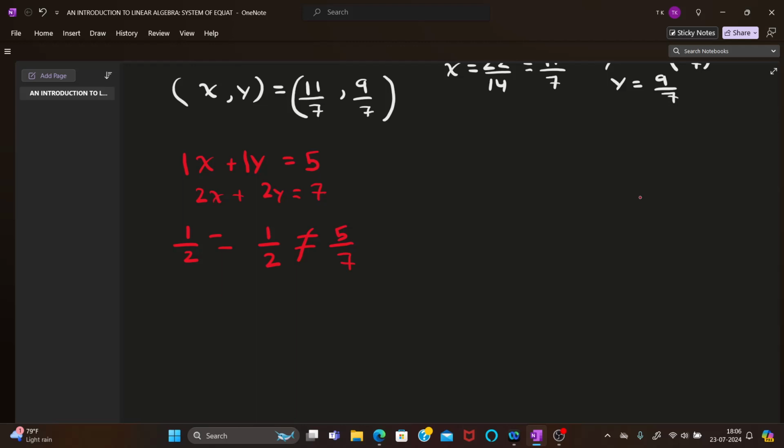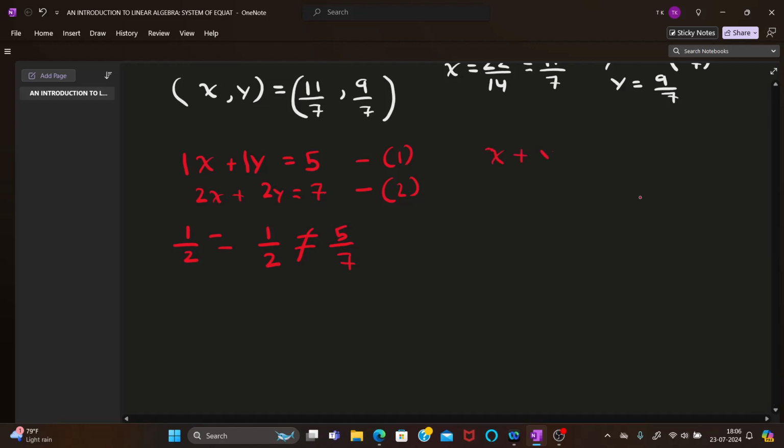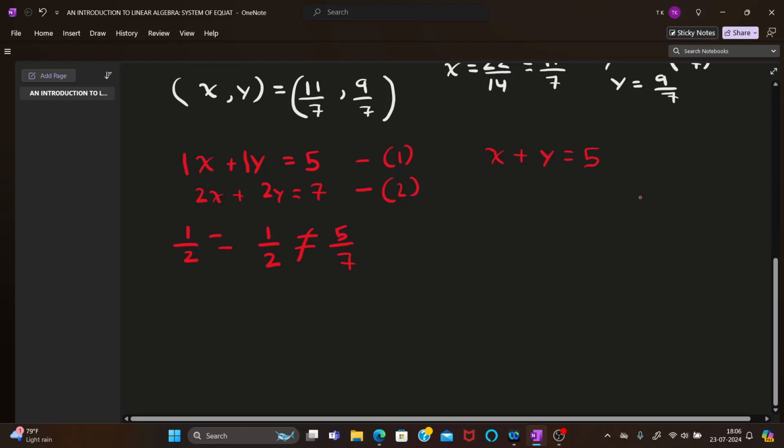I can prove it, and what we can essentially do is divide equation 2. So this is equation 2, this is equation 1. We could divide equation 2 by 2. So equation 1 would stay the same, which is x plus y equals 5. Equation 2, if we divide it by 2, you'd get x plus y is equal to 7 over 2, as we're dividing the left-hand side and right-hand side by 2.